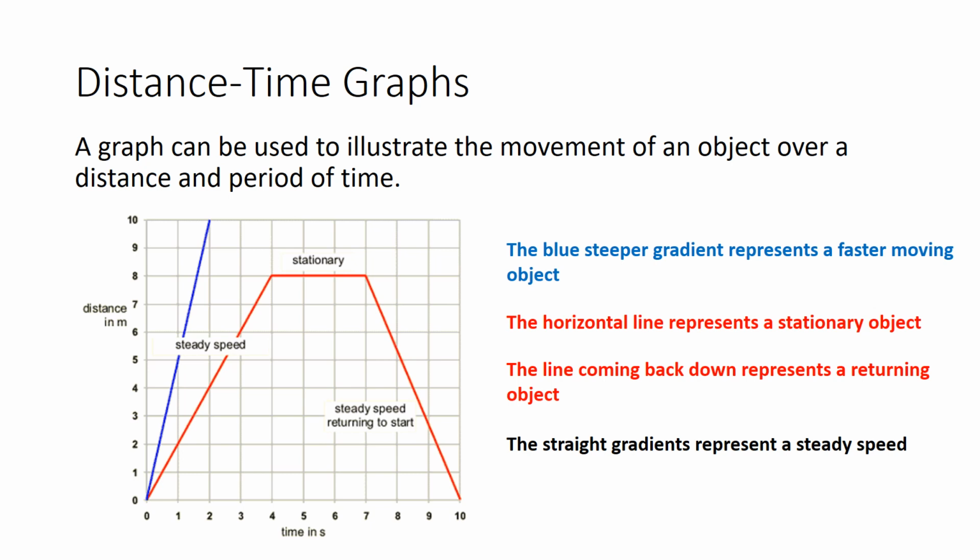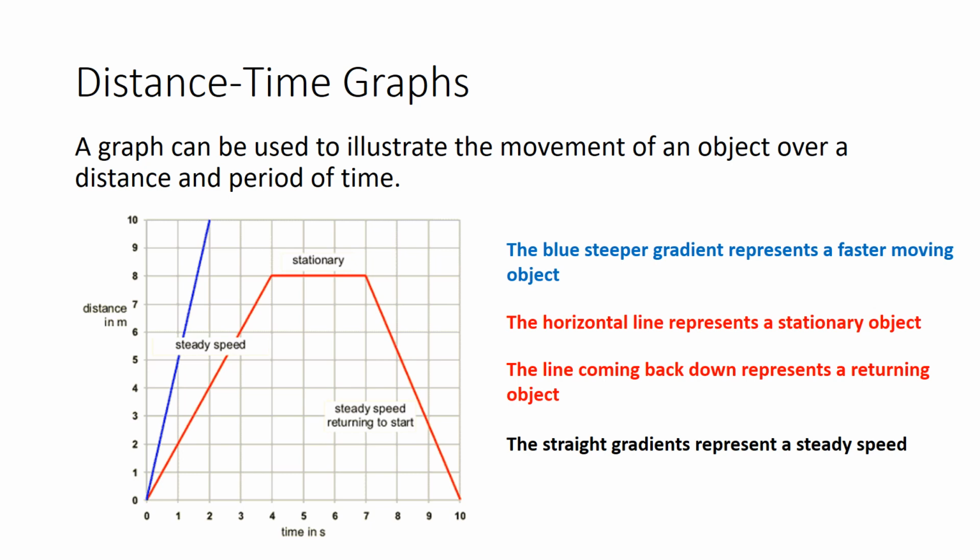So you could go 10 metres divided by 2 gives me a speed of 5 metres per second. However, if I was to look at the red line, it actually moves 8 metres in 4 seconds. So I could calculate the speed by doing 8 divided by 4, giving me a speed of 2. Sorry, early morning, brain's not functioning.